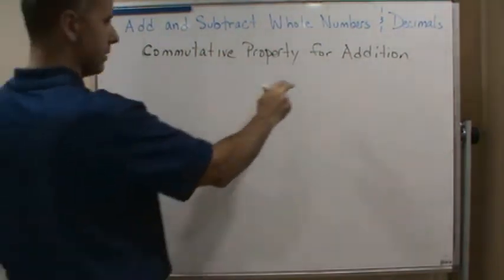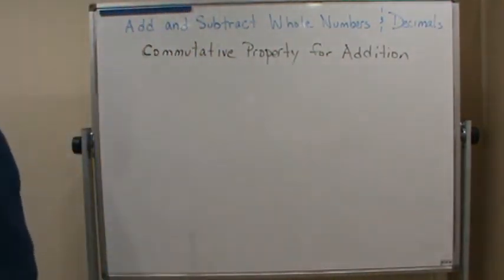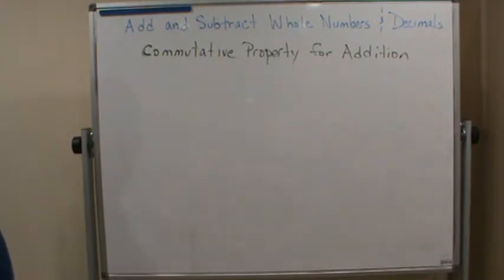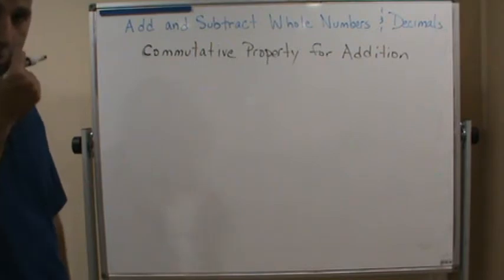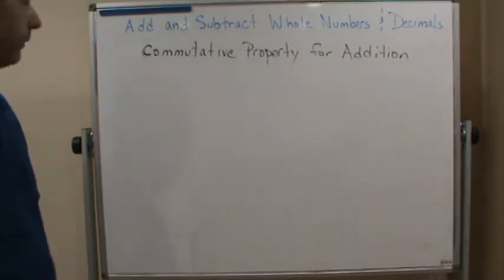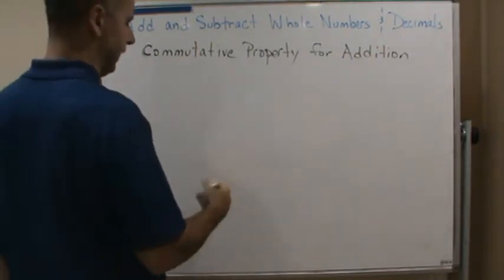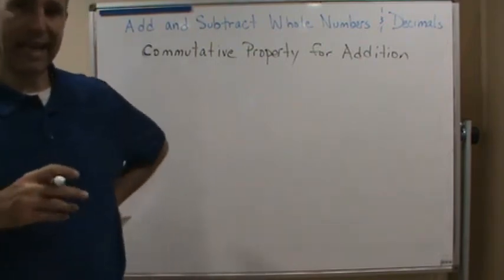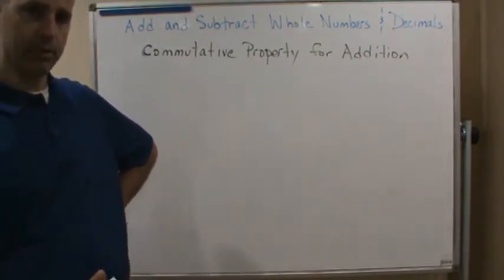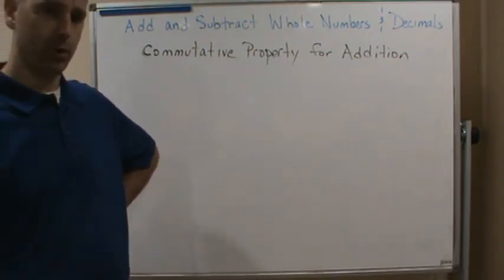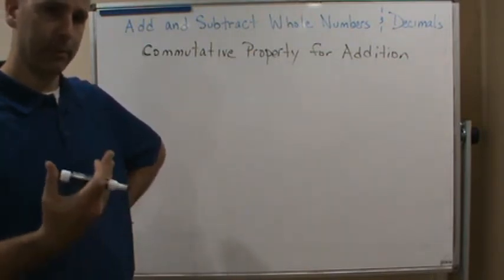It's important to make sure we are talking about addition, not to be confused with the commutative property of multiplication that we'll talk about later. Commutative means that it doesn't matter the order in which we add the numbers. We're still going to get the same total.